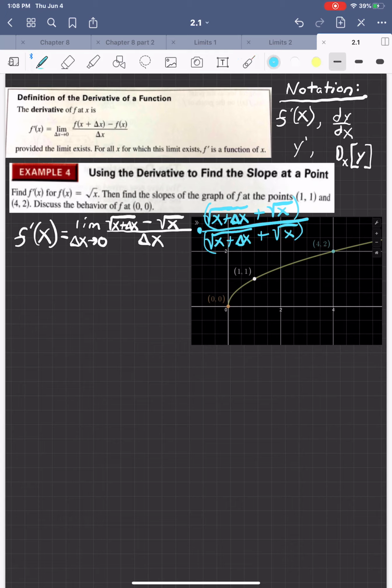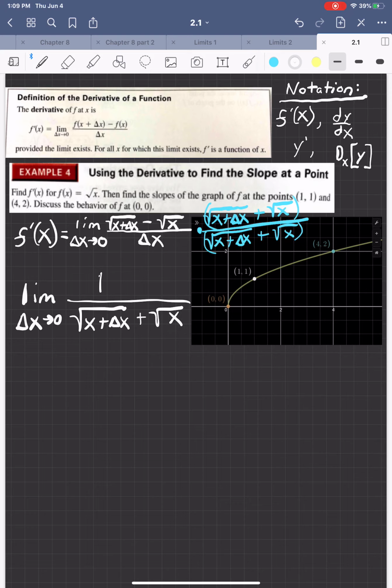Forgive me. Let's now get to the part where we can plug in 0 into our limit. When all is said and done, we would have 1 over the square root of x plus delta x plus the square root of x.